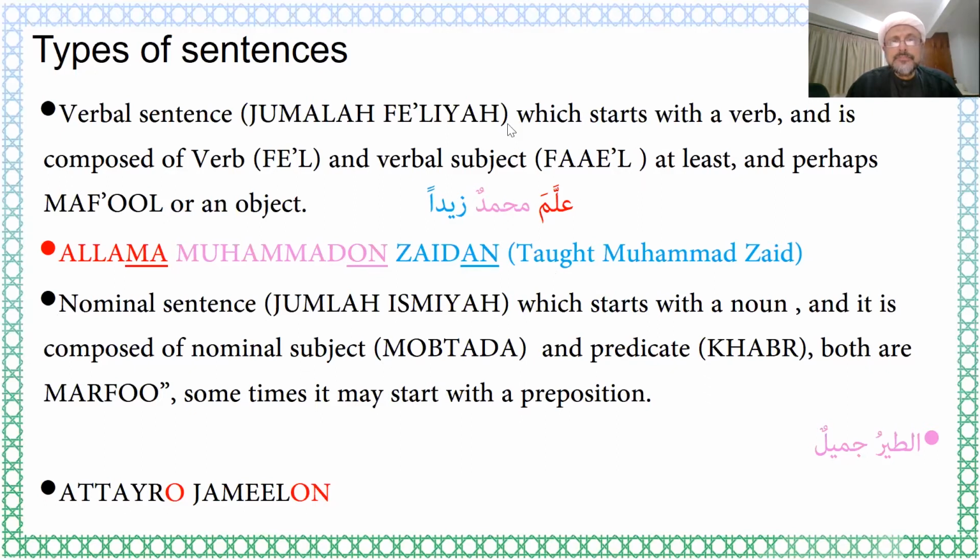Some of the few languages start with a verb as well, but most, like English or Swedish or many European languages, start with a subject, then comes the object, then comes the verb, or the predicate, whatsoever. But they start with the subject. In Arabic and some languages like Hebrew, they can start with a verb as well. So these are the two things.